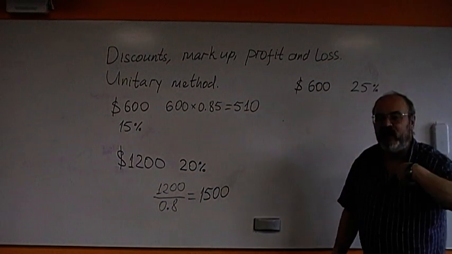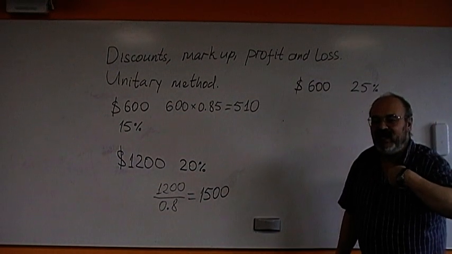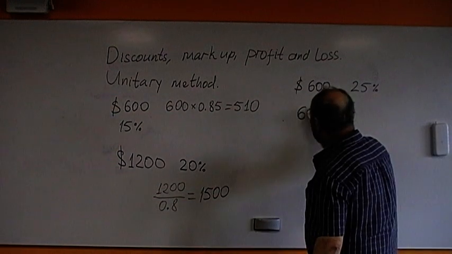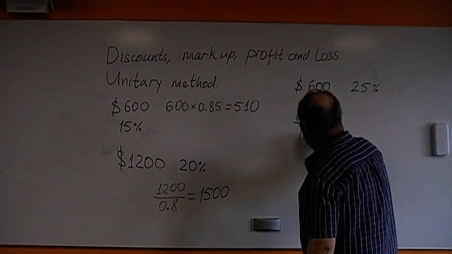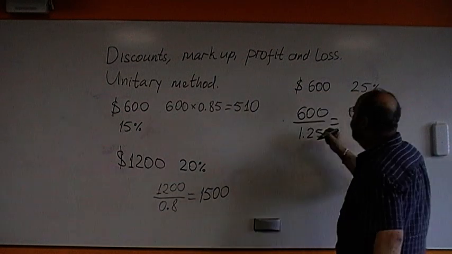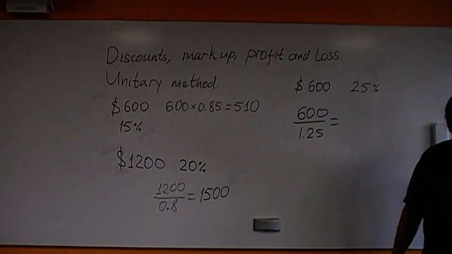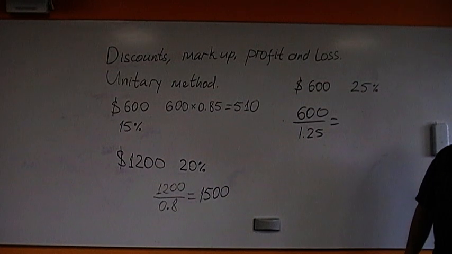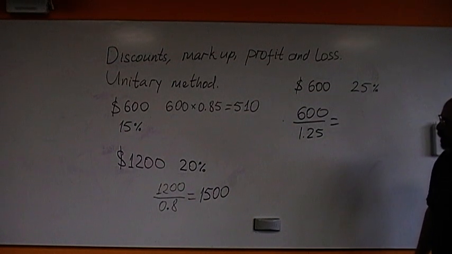How do we work backwards? 600 divided by 1.25, because 125% is 1.25.